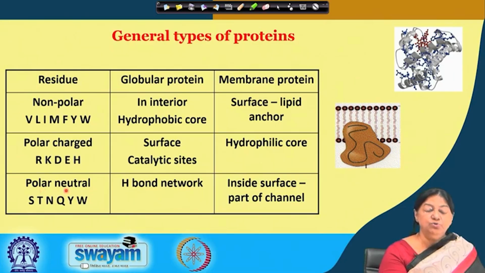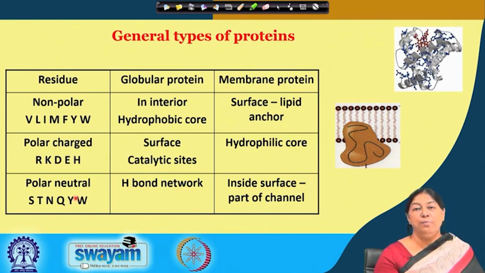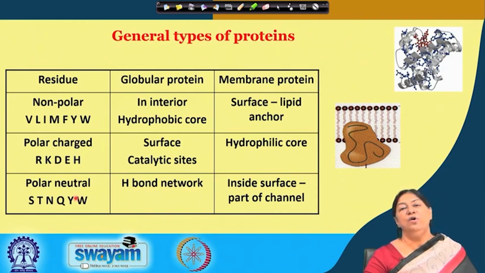And the polar neutral amino acid residues are involved mostly in hydrogen bonding, where in the membrane protein they form part of the channel, and in the globular protein they are involved in the extensive hydrogen bonding network that is present in proteins that holds the protein structure together.